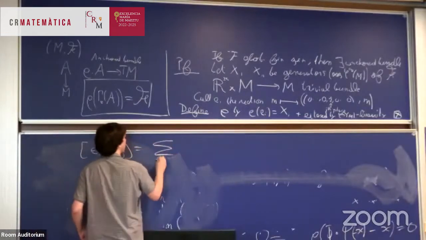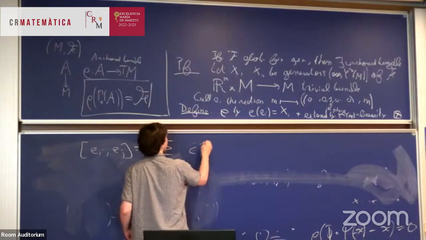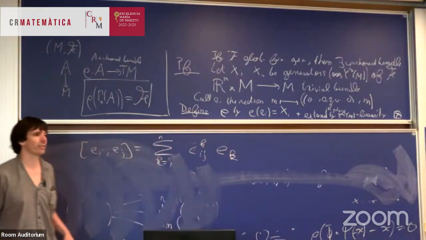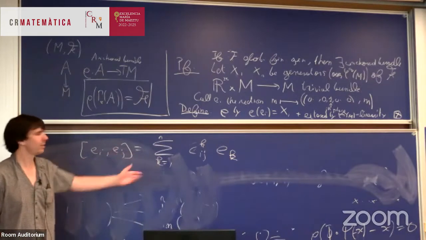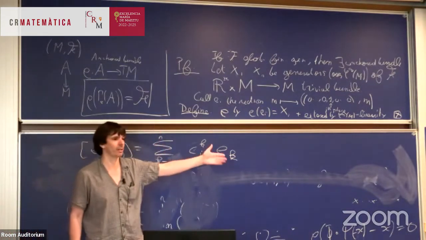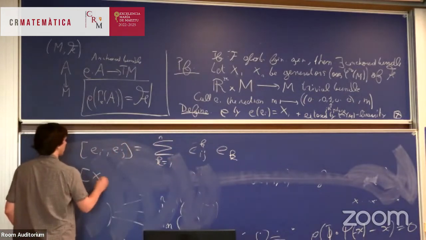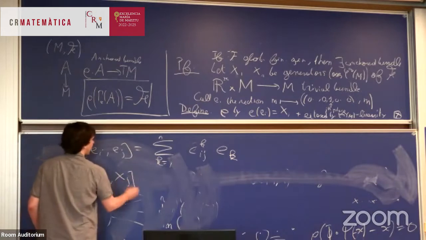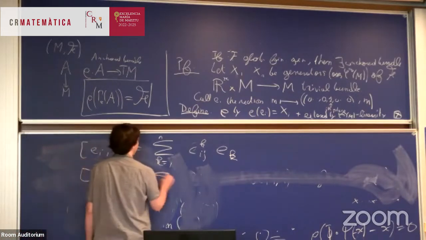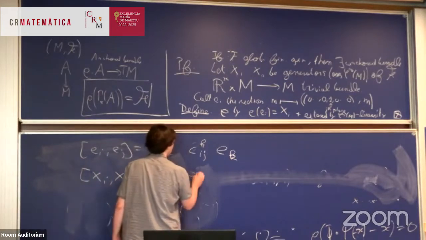It has to be a sum, with some coefficients, of the generators. I already know the anchor. So if I know the bracket on generators, by Leibniz I know the bracket everywhere. So how to do that? Well, just think, the x_j are generators, so the bracket is in F, so the bracket has to be written like this.